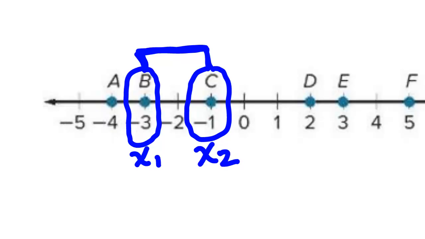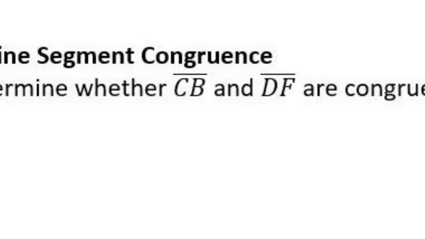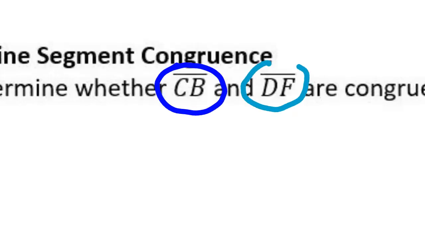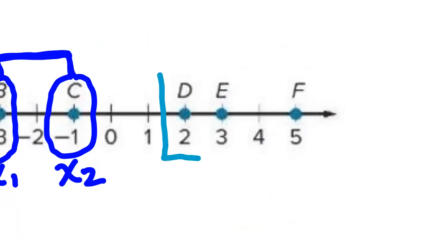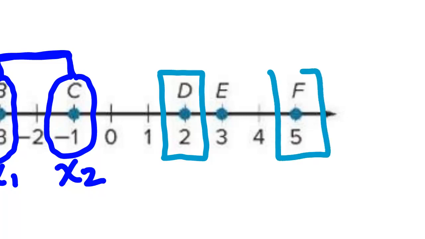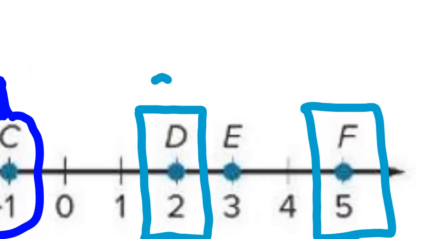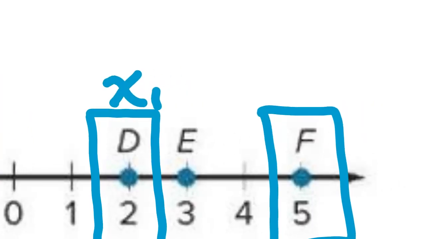That's for segment BC, or CB. Then we also want to look at segment DF. So D is over here, and F is right here. So we're looking at this segment. So I'm going to need another X1 and X2 because I'm looking at a new segment. So I'm going to let D be my new X1 and F be my new X2.